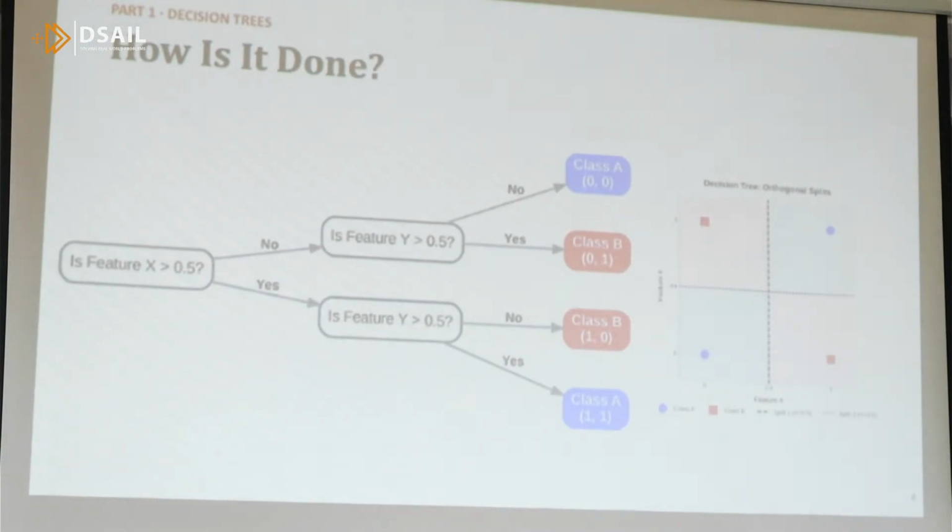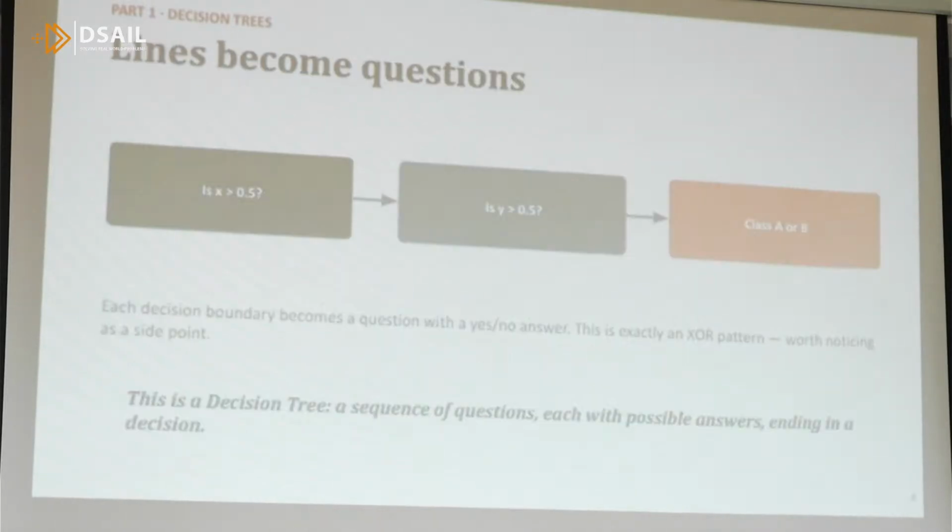That's a node, but it's not a leaf. You get the point? And it's also not a root node, because it's not the first question that is asked. So it's sort of a node in the middle, a question on top of the other one. But then we get to the end, class A, that is 0, 0, 0, 1, 1, 0, 1, 1. Those are called leaves. Do you get that point?